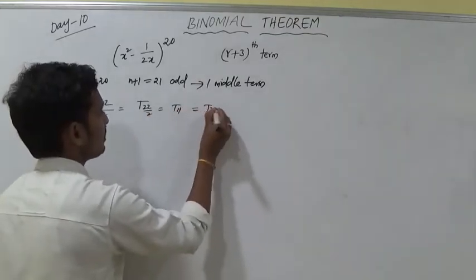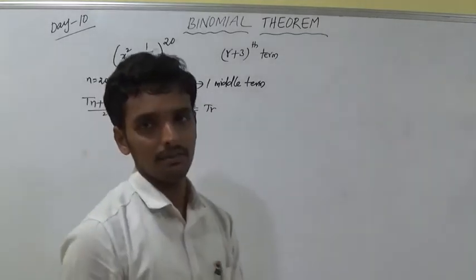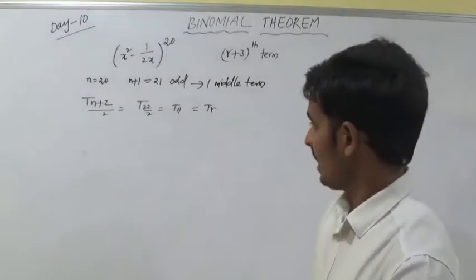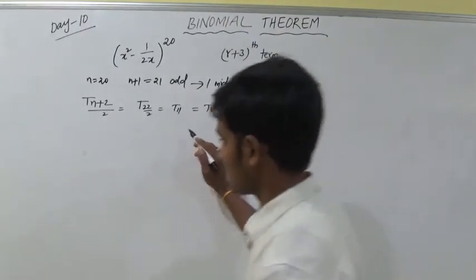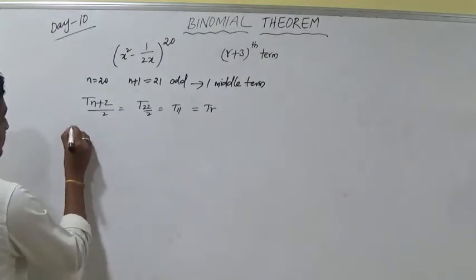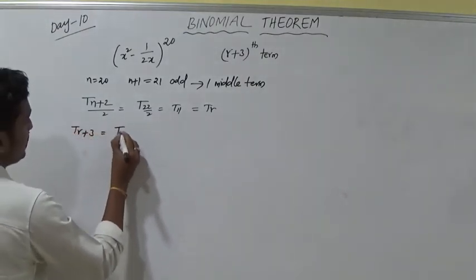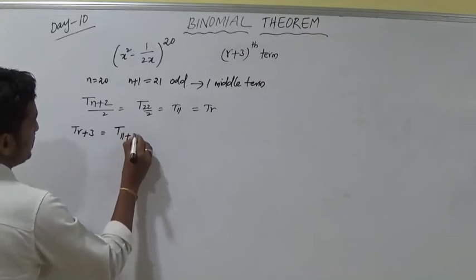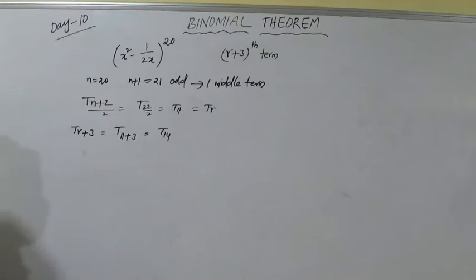T11 is equal to tr, because the middle term is the rth term. But they want t r plus 3, which is t11 plus 3, that is equal to t14. So now we have to find t14.